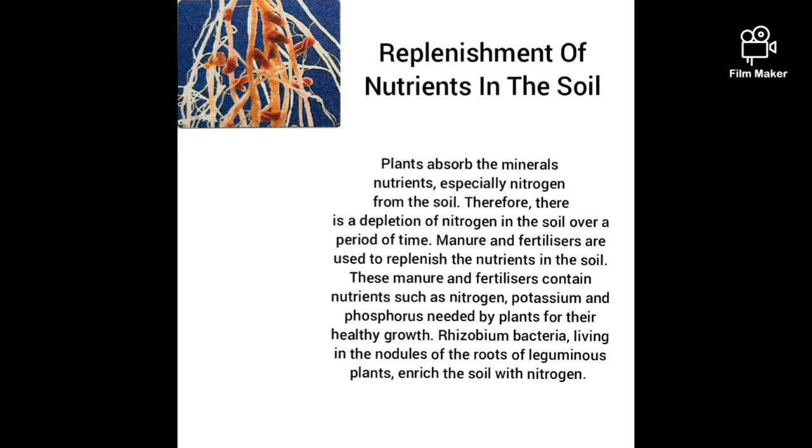These manure and fertilizers contain nutrients such as nitrogen, potassium, and phosphorus needed by the plants for their healthy growth. Rhizobium bacteria living in the nodules of the root of leguminous plants enrich the soil with nitrogen. This is a natural way of replenishing the soil with nitrogen.